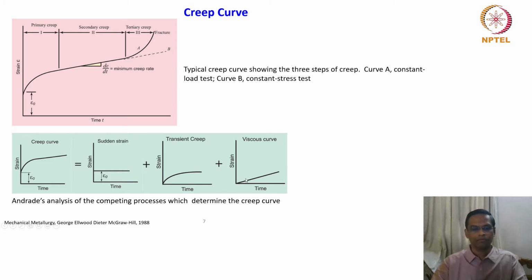He then gave an empirical equation for the creep strain: epsilon is equal to epsilon naught times (1 plus beta t) to the power 1 by 3, into e to the power kt, where epsilon naught is the instantaneous strain and beta and k are constants.